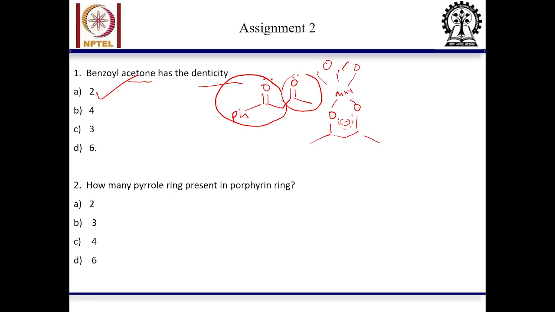Can anyone just write in the chat box? What will be the answer for question number 2? How many pyrrole rings are present in the porphyrin?